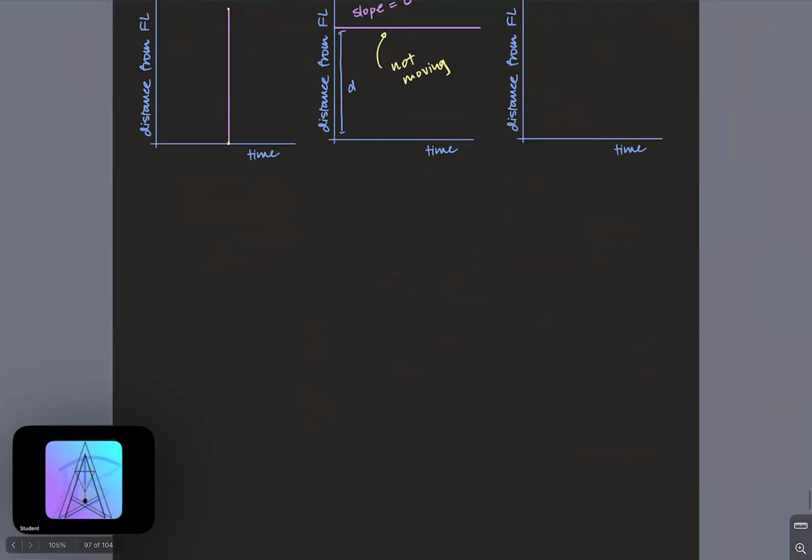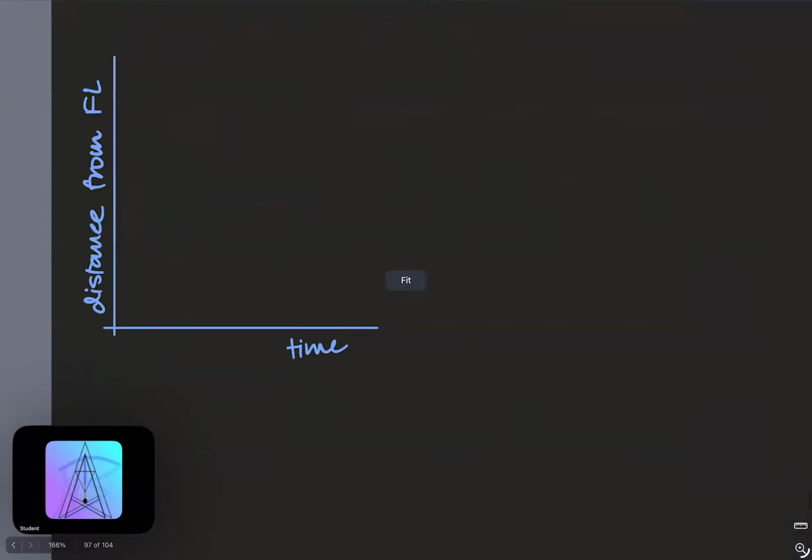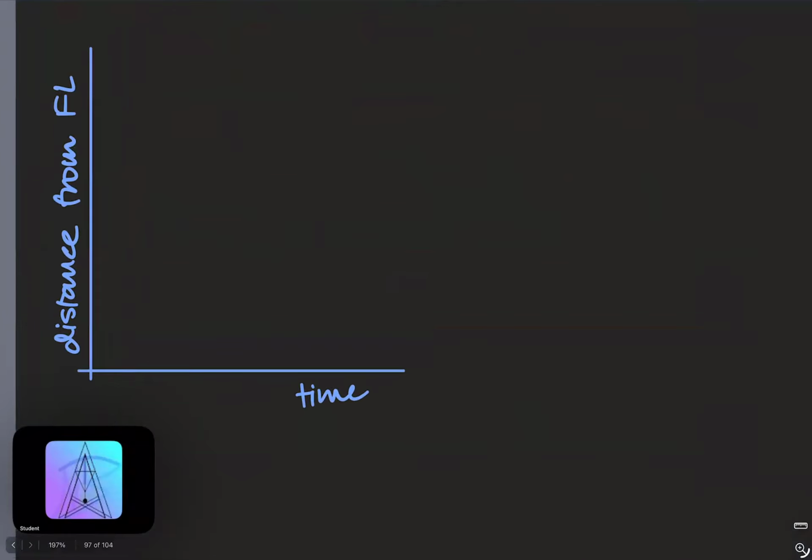Now let's look at another graph. Actually, let me move this graph down. So we have another graph which looks something like this. And let's call this point A, point B, and let's call this point C. Again, we're looking at the same race car scenario.